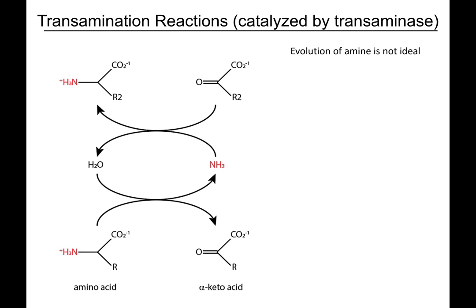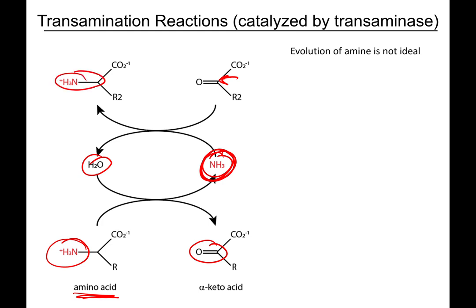So up here we have the amino acid we start with, which would have to break this bond, giving up its amine while it's reacting with water to make the alpha keto acid. We would generate this ammonia molecule, and that ammonia molecule could then react with the alpha keto position of the other substrate to produce the amino acid. But this is not favorable.